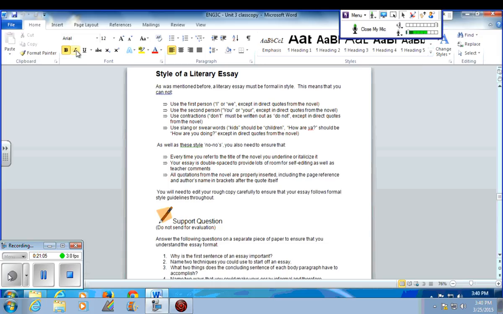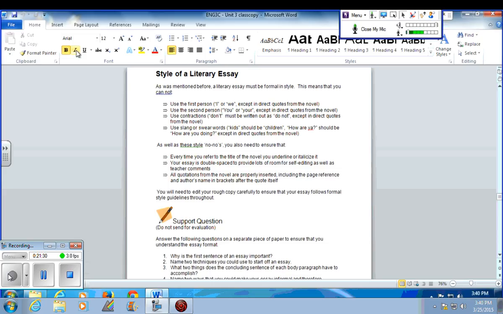And that leads us into our last support question for this lesson. For this, you want to answer the following questions on a separate piece of paper to ensure that you understand the essay format.